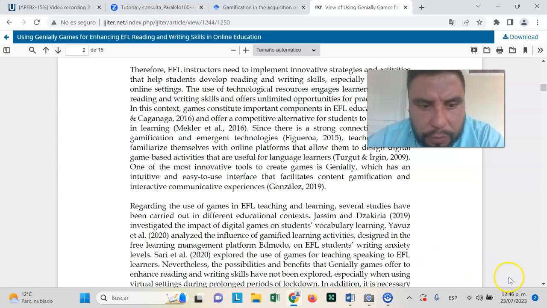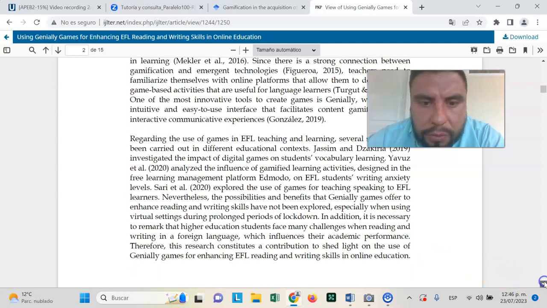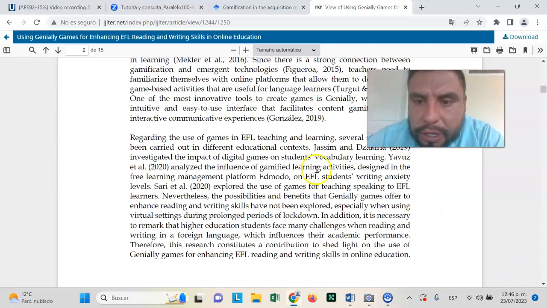Continue with the parts of the journal. Now, here we have another kind of in-text citation, where the last names of the authors are outside of the parentheses, because this is a narrative in-text citation where the last names of the authors are outside of the parentheses because we have a reporting verb.